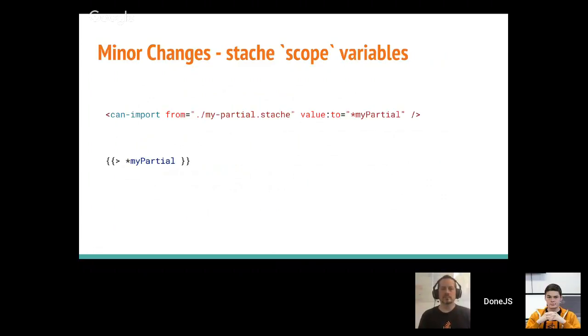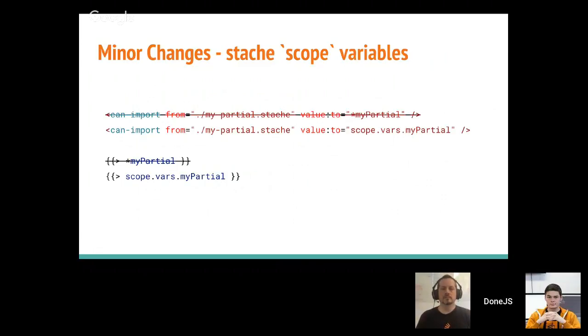Also, reference variables, these variables that used to start with an asterisk, are also moved. These are under a new keyword called scope.vars, which should help you more easily understand what this is. So this is a scope variable for this my partial, instead of having to use these special characters. You'll have to do these manually.